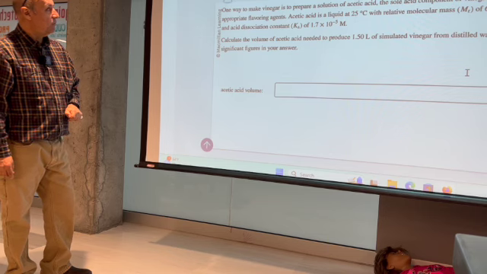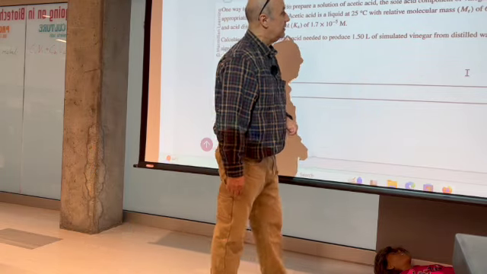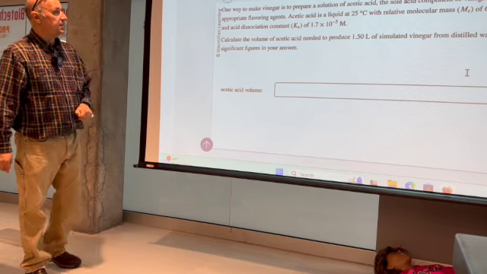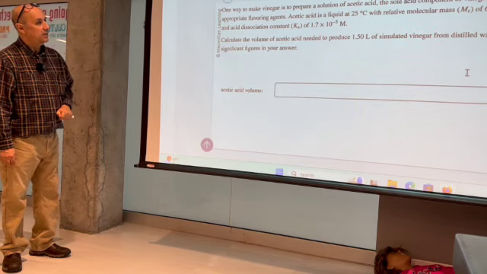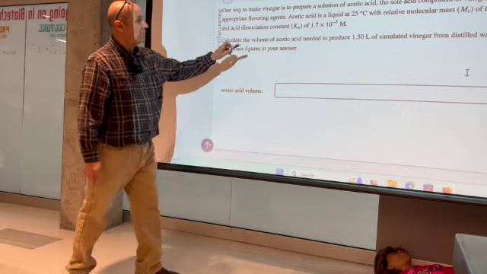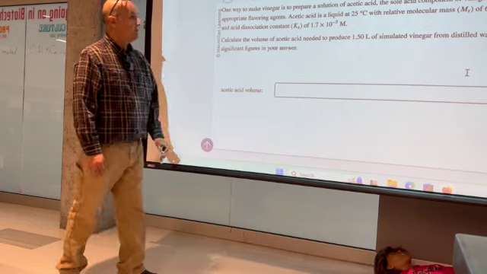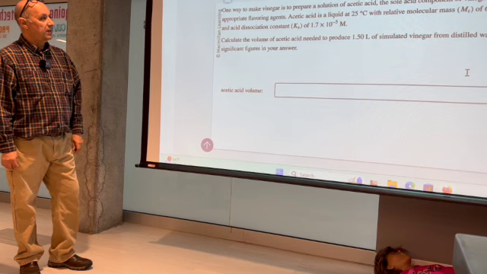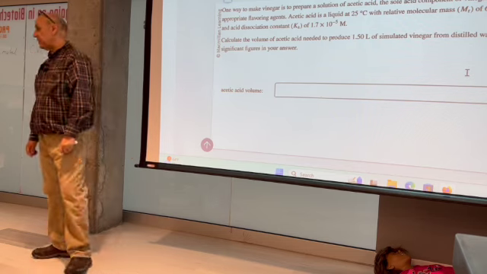So what information do we have? Well, we have the molar mass of acetic acid, we have the density of acetic acid, and we have the Ka of acetic acid. And the question is, how much acetic acid do we need to make 1.5 liters of this simulated vinegar? So where do we start?